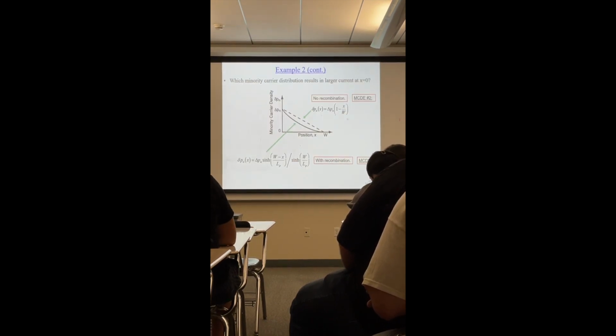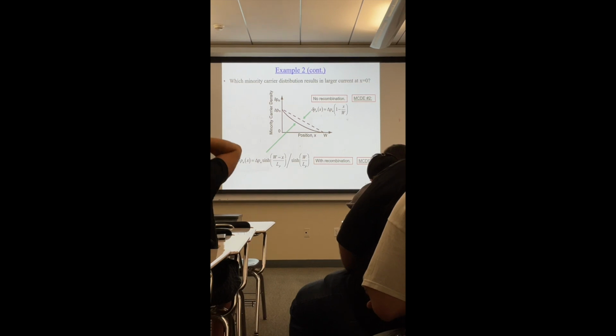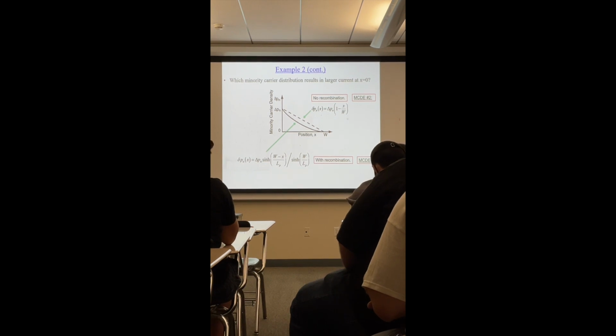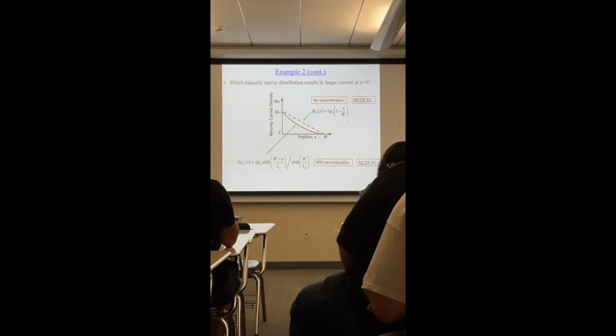Now we can compare these two cases. The solid line is with recombination, and the dashed line is without recombination. These are the two carrier concentration distributions.